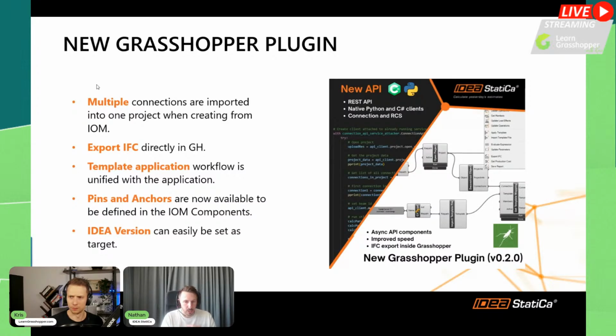One of the things with the old plugin was that it just used the latest installed version to run the API. You can now set that version pretty easily, and we'll go through a little bit of this as we look at some of the workflows.